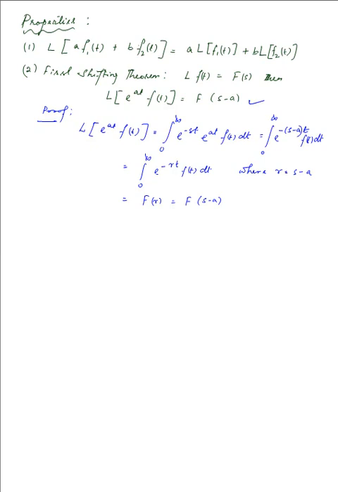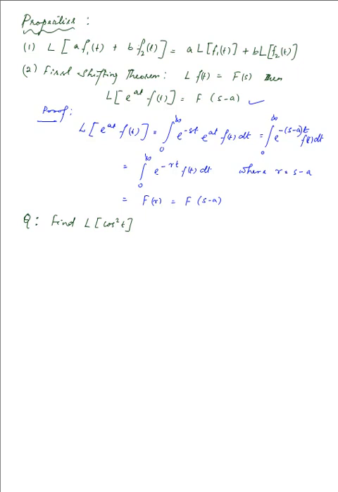So we can use all these properties to our benefit, and let's see a few numerical problems that we can try with what we have learned. The first thing that we can look at is to find the Laplace transform of cosine squared t.